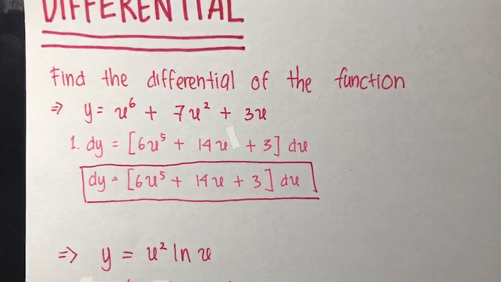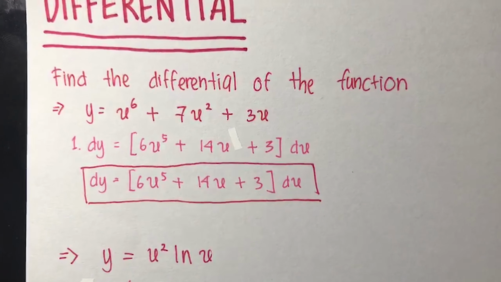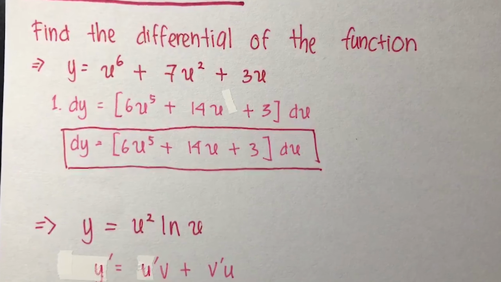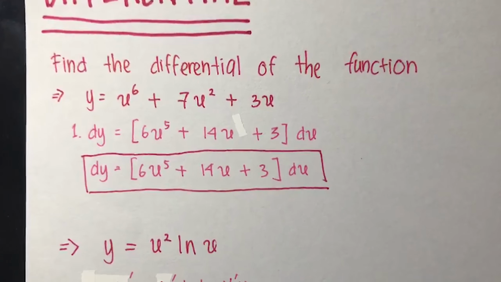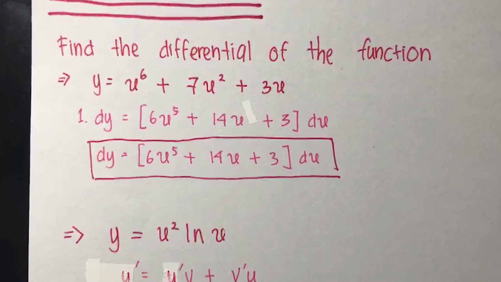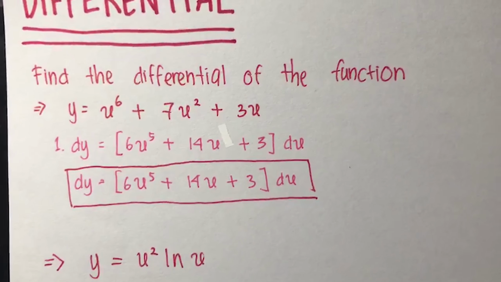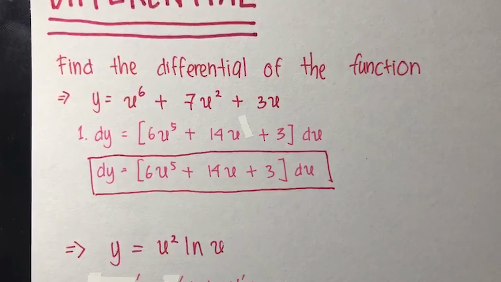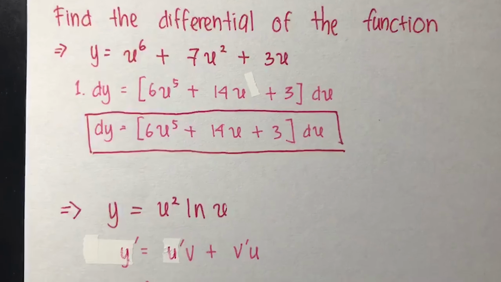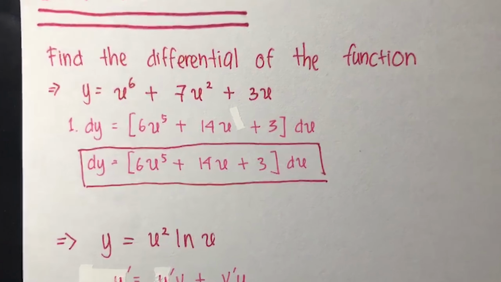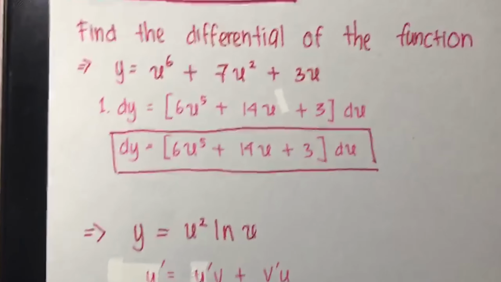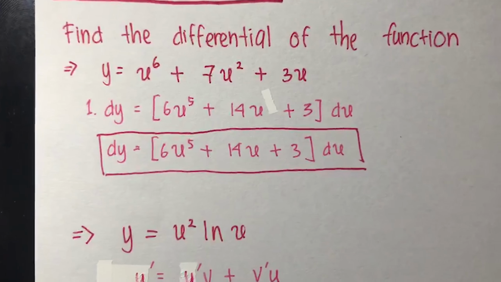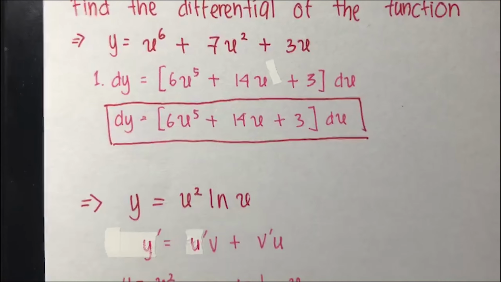When you are asked the differential of y is equal to x to the power 6 plus 7x squared plus 3x, because the derivative is dy over dx, we can write this down like this: dy is equal to 6x to the power 5 plus 14x plus 3, and all of that is multiplied by dx, because before this it was dy over dx, and then the dx is moved to the right side.